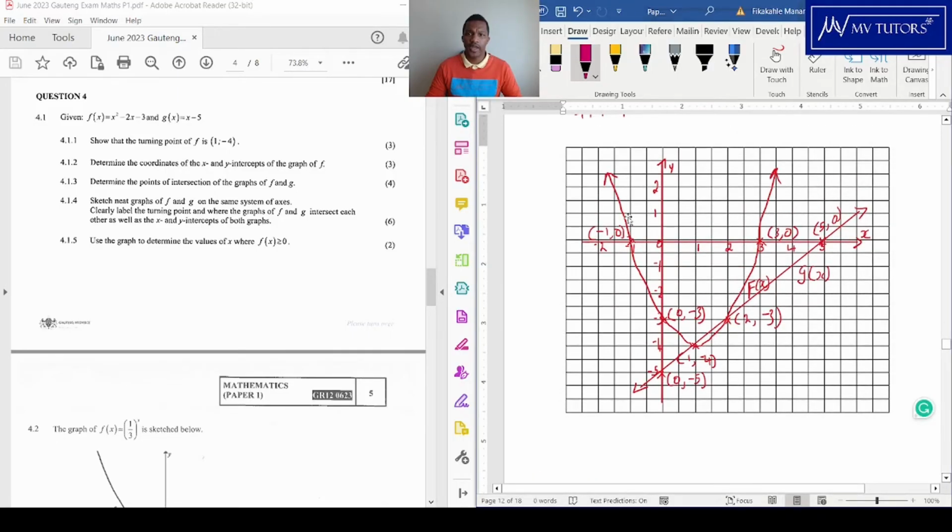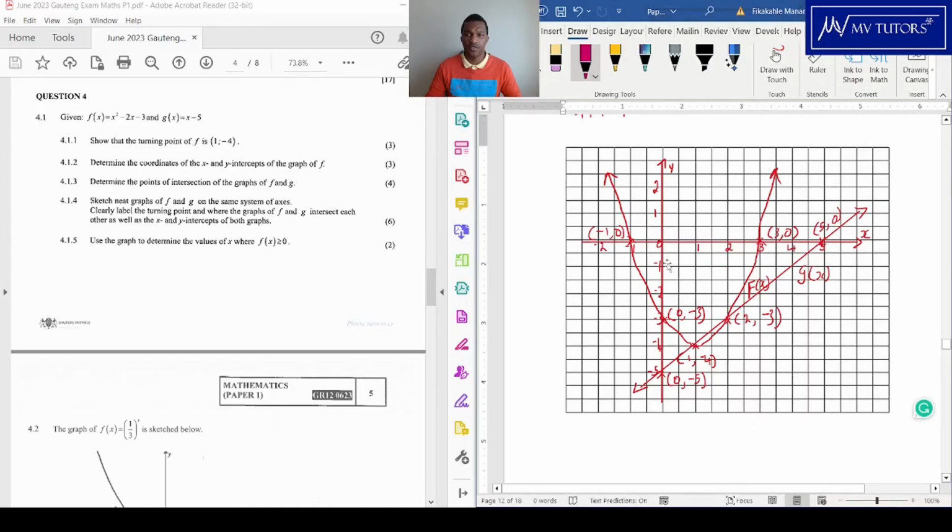The values of y are positive on this graph. If I put my hand here over the x-axis and look above, I can see the graph from -1 to negative infinity. I can see it as well from 3 to positive infinity.